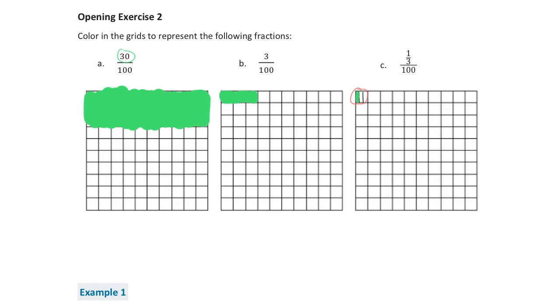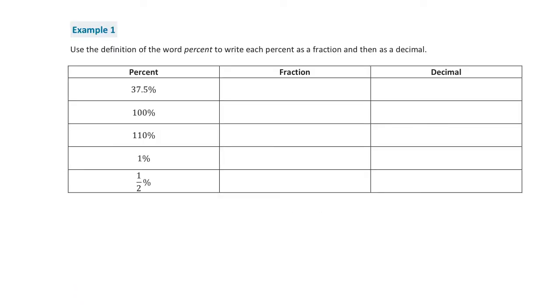And that's it. Now let's move to example 1. It says use the definition of the word percent to write each percent as a fraction and then as a decimal. First of all, the definition of the word percent is when the number P over 100 and the symbol, which is the percent symbol, means percent.